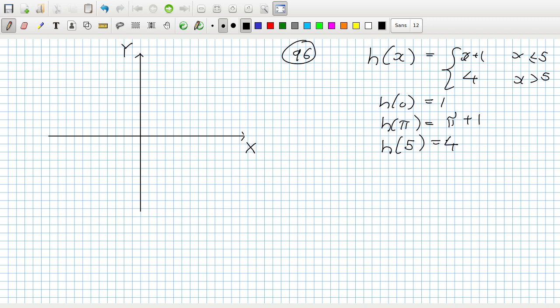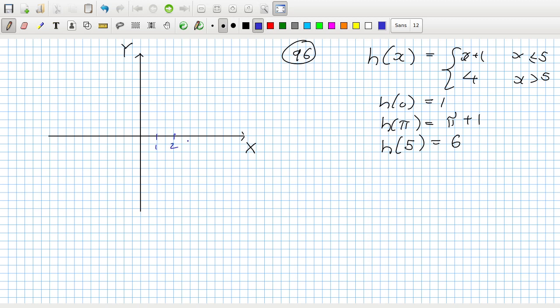The first two are less than or equal to 5, so it'll be 1 and pi plus 1, and then 4. Is it? No, it's not 4, because h of 5 is still less than or equal to 5. So h of 5 will be 6 then.